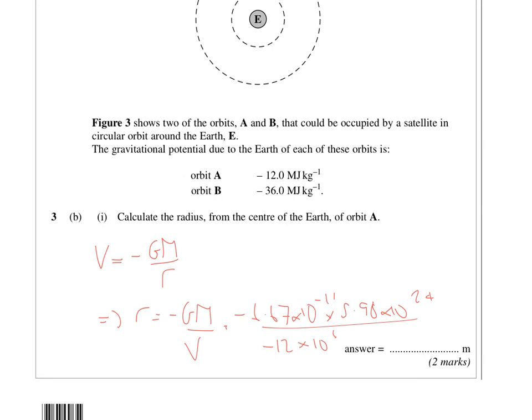So let's put that into the calculator. 6.67 times 10 to the minus 11, 5.98 times 10 to the power 24 divided by 12 times 10 to the power 6. And that gives us, in standard form, a value of 3.3 times 10 to the 7 meters.